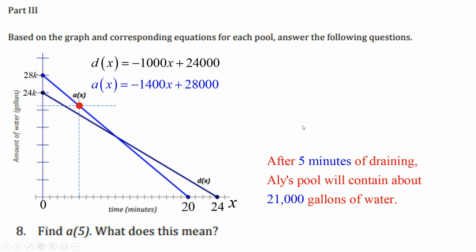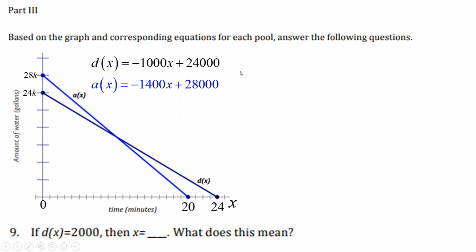Okay, let's see. Great. Number 9. If D of x equals 2,000, so 2,000 would be my output, and remember, every hash mark is 4,000, so y equals 2,000 would be the horizontal line right here. So if D of x equals 2,000, then x equals, well, let's look at Dane's graph when it's at 2,000.